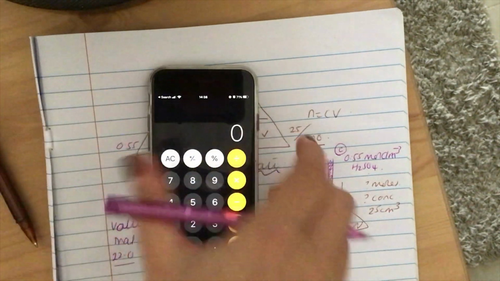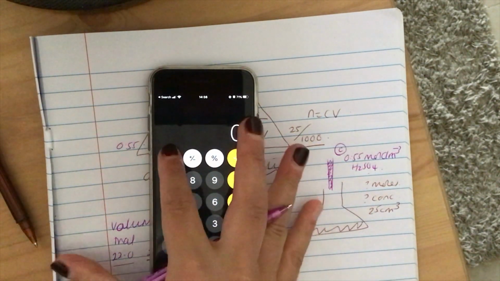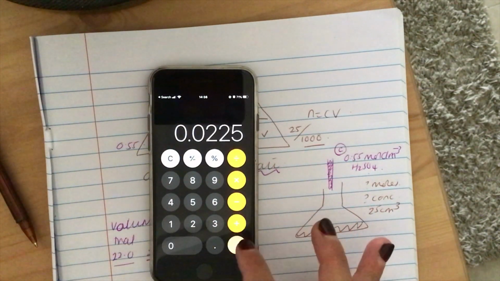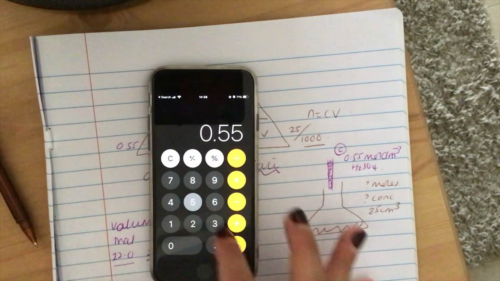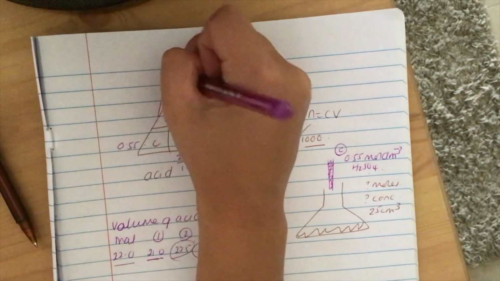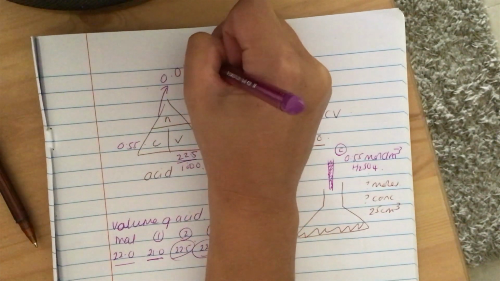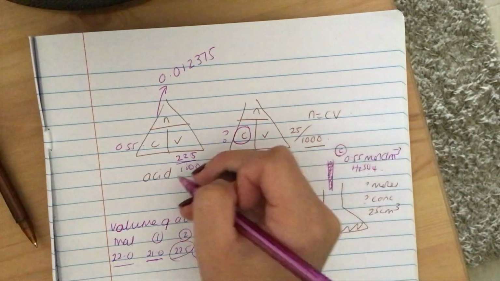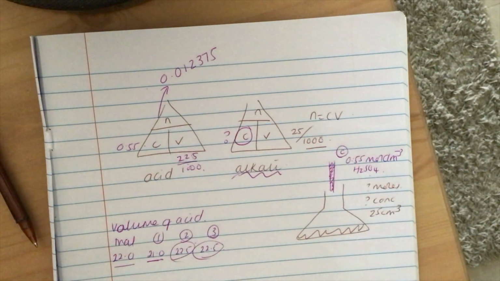So I can figure out my number of moles if I do 22.5 over 1,000 times 0.55, which gives me 0.012375. So that's my number of moles of sulfuric acid that I have.